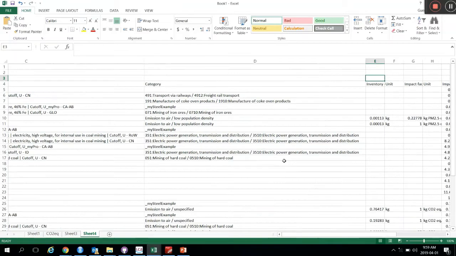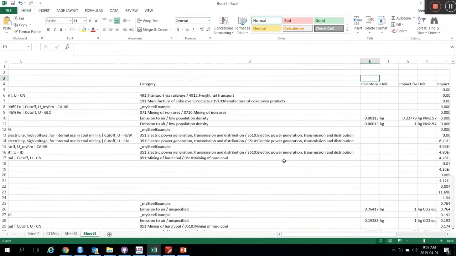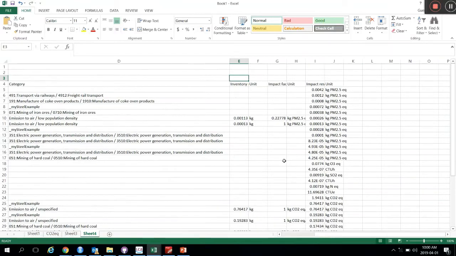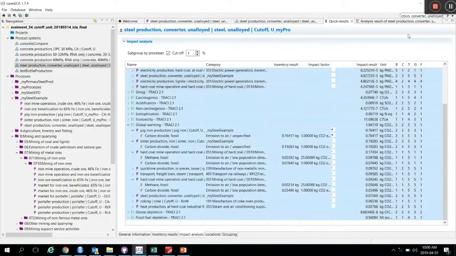And so this can be quite useful for looking at specific contributions, and you can get into some pretty detailed analysis in your write-up, which we'll get into later.